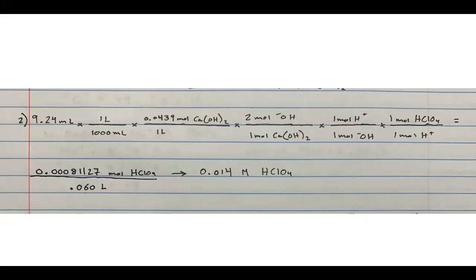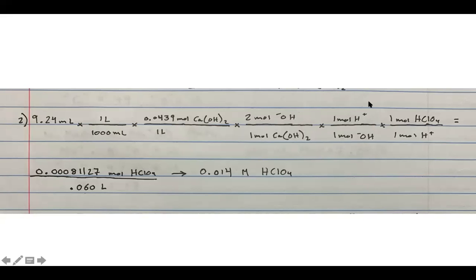So a 0.0439 molar solution just means that it is 0.0439 moles of calcium hydroxide per 1 liter of that solution. Okay, now that we have moles of calcium hydroxide, we're going to convert to just moles of hydroxide. So within 1 mole of calcium hydroxide, we actually have 2 moles of hydroxide. And then again, here is our key conversion factor.